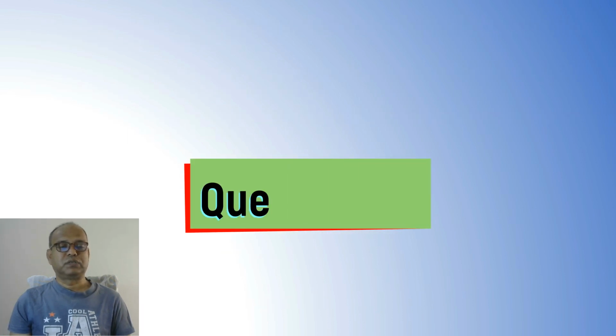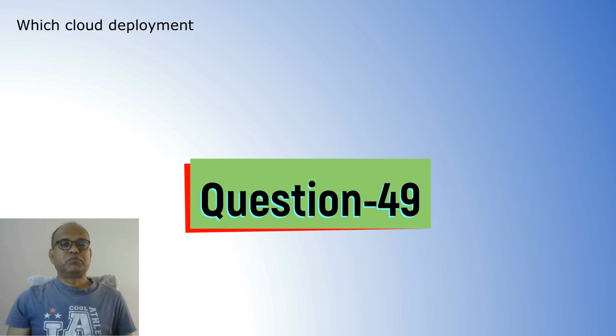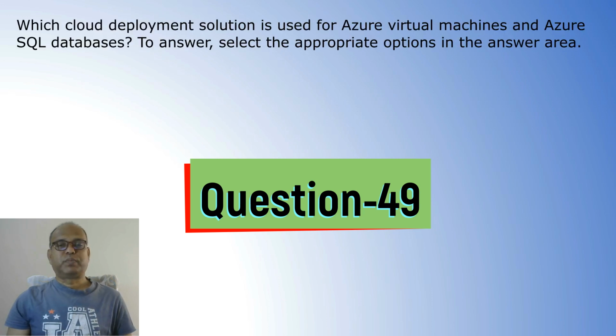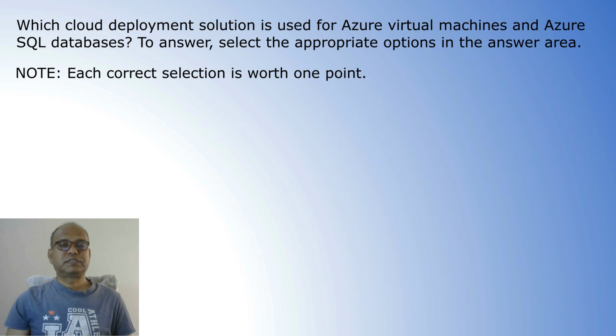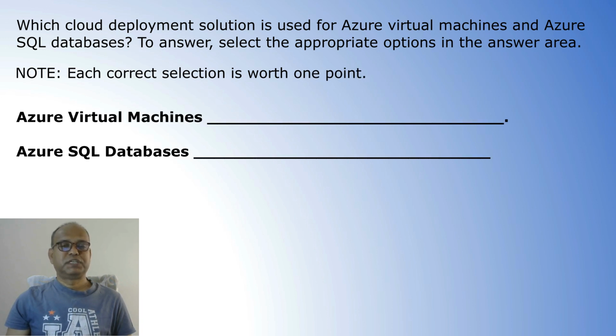The next question, number 49. Which cloud deployment solution is used for Azure Virtual Machines and Azure SQL Database? To answer, select the appropriate options in the answer area. Note, each correct selection is worth 1 point. Azure Virtual Machines dash. Azure SQL Databases dash.